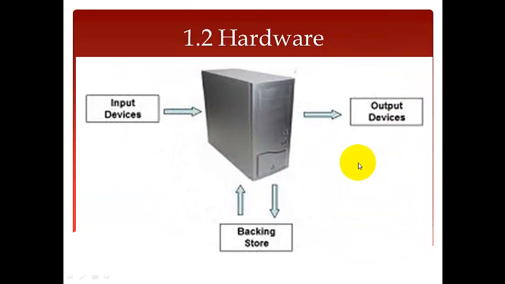This diagram gives a clear picture of a computer. Here we have input devices. The input data can be given using input devices. Examples for input devices: keyboard, mouse, light pen, scanner, microphone, etc. This input will be processed in the system unit.